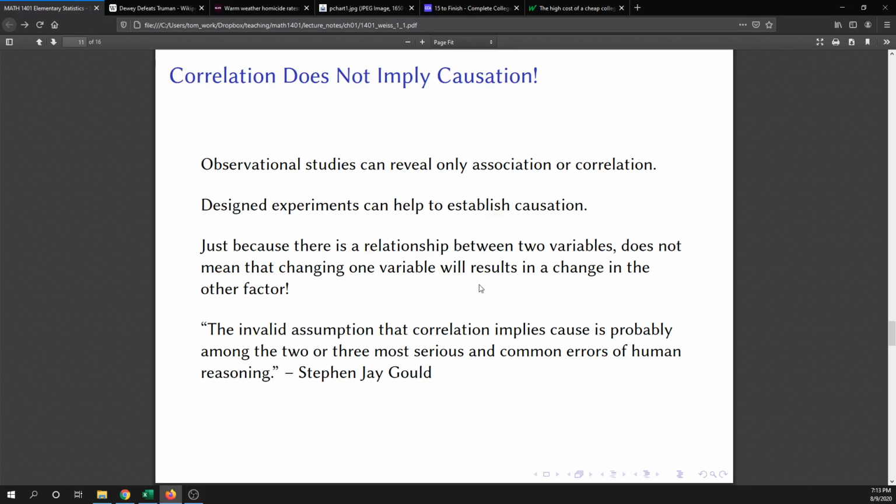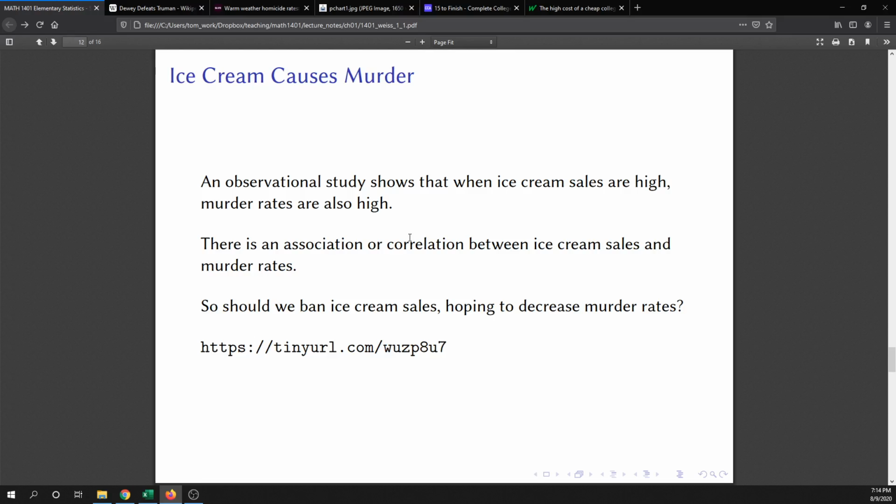Down here is a quote by Stephen Jay Gould. He was a biologist, and it says, "The invalid assumption that correlation implies cause is probably among the two or three most serious and common errors of human reasoning." So just to illustrate that point some more, I'm going to show you four different cases of that.